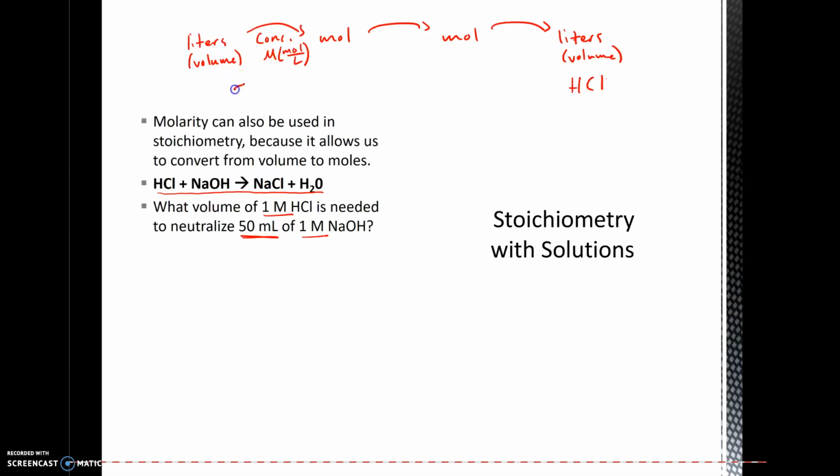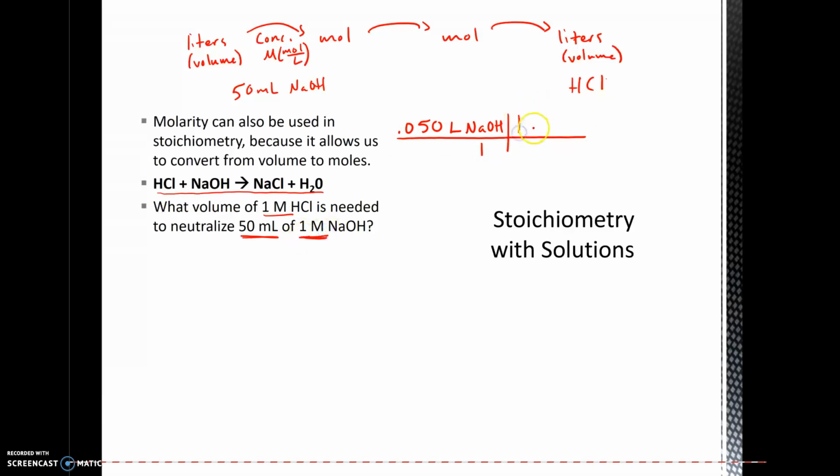So we're starting with 50 milliliters of NaOH. So to start my T-chart, I'll have 50 milliliters or 0.050 liters of sodium hydroxide. And I know that that is 1 molar or 1 mole per liter.